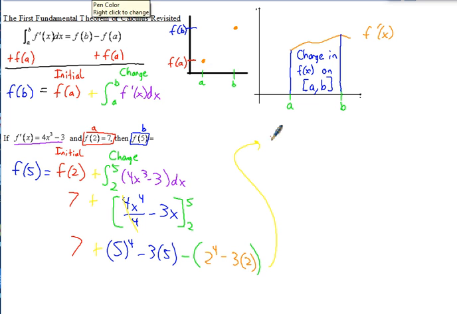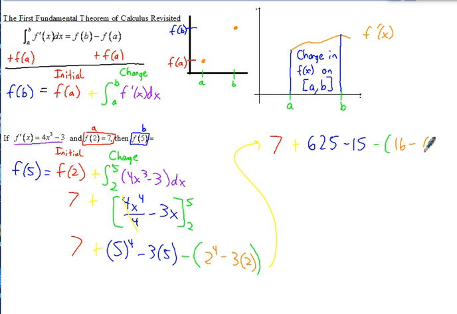So I've got 7 plus, well, 5 to the 4th, 5 to the 3rd is 125. Times 1 more 5 is 625. And then 3 times 5 is 15. And then minus, we've got 2 to the 4th, which is 16.